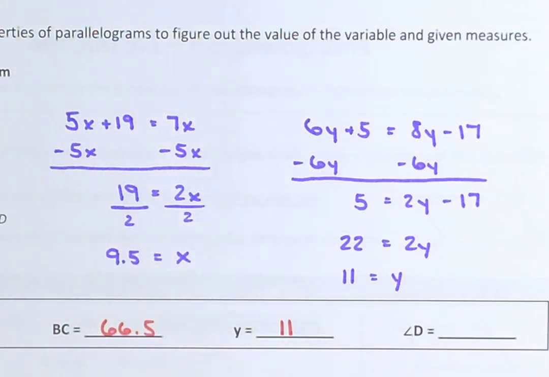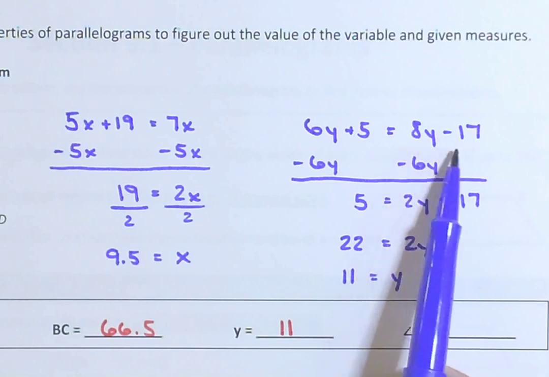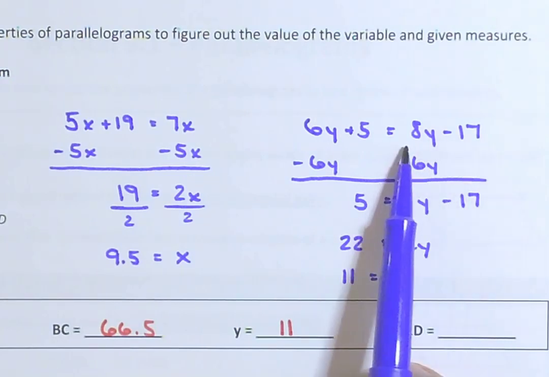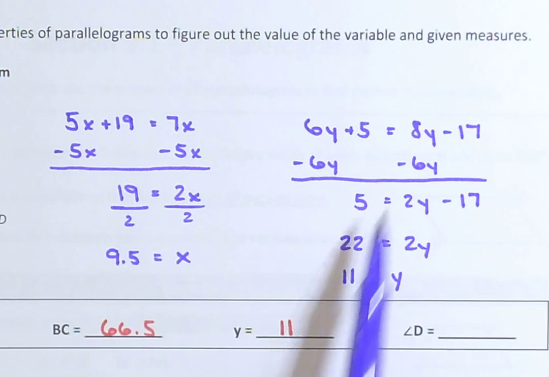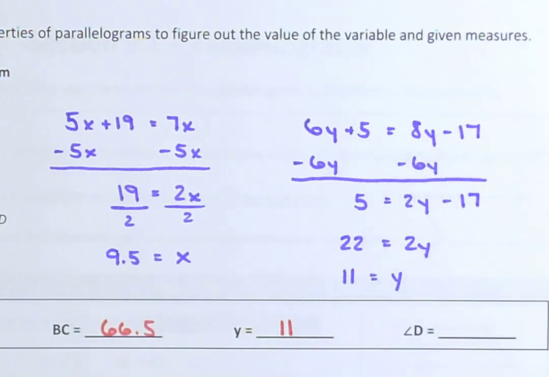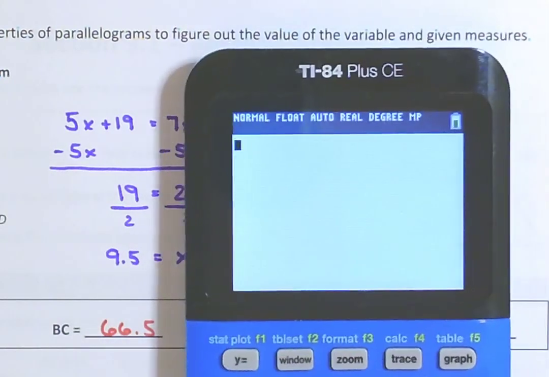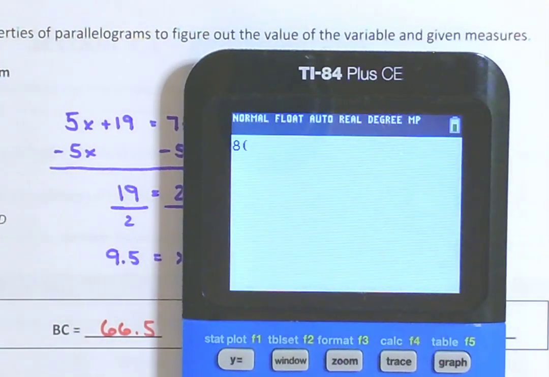So I'm going to use this expression here. And we just figured out y to be 11. So I'm going to plug 11 in for that y. So 8y minus 17. And we have 11 as our value of y.